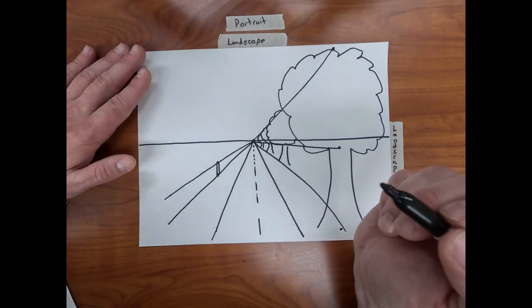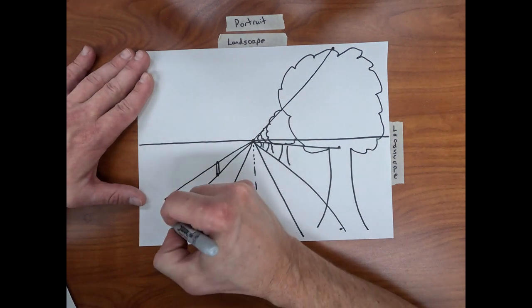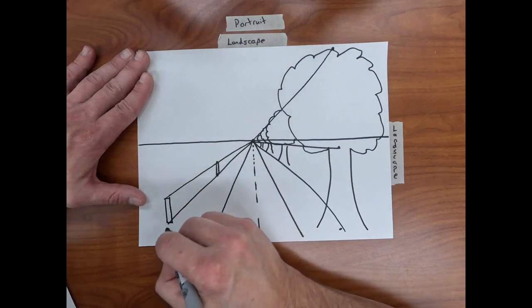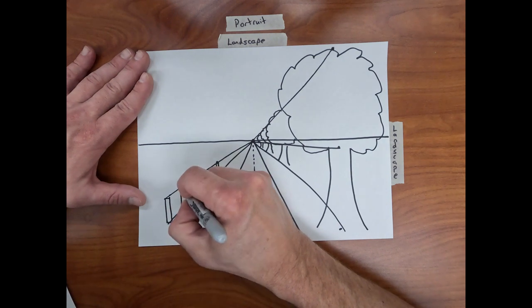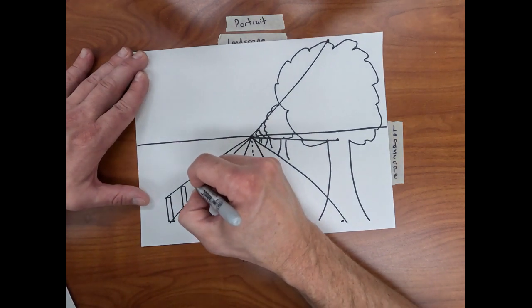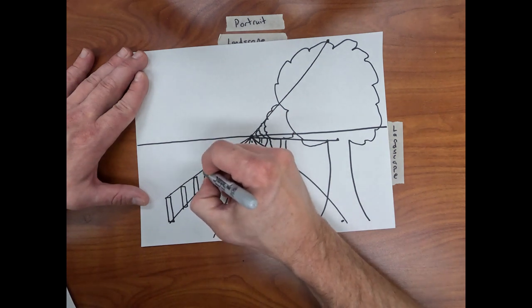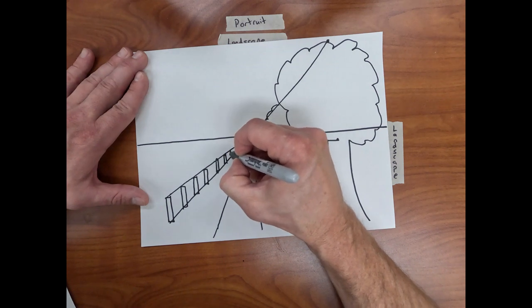So if I were to draw a post that was closer, that post would have to connect to the top vanishing line and then the bottom vanishing line. And then you can just fill those in to get a somewhat accurate representation of how these diminish throughout space.